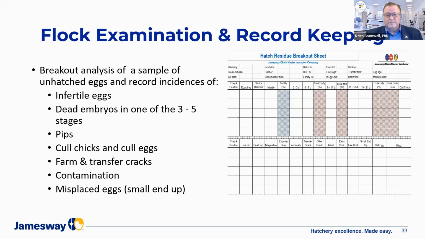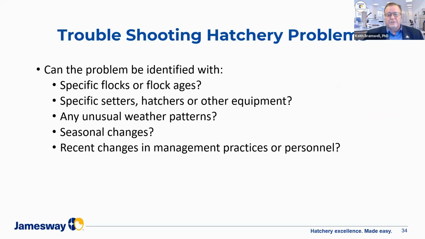When we troubleshoot hatcheries, the first thing I always do is ask, how can the problem be identified? Is it a specific flock or flock age? Specific setters, hatcheries? This is a big one. We have people who say we're getting poor hatch.